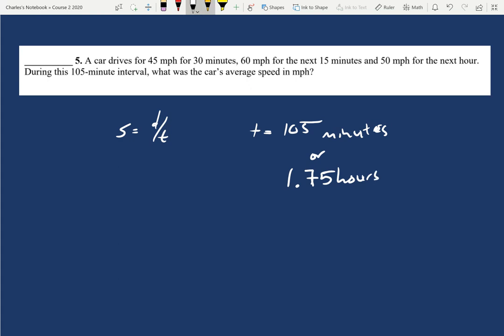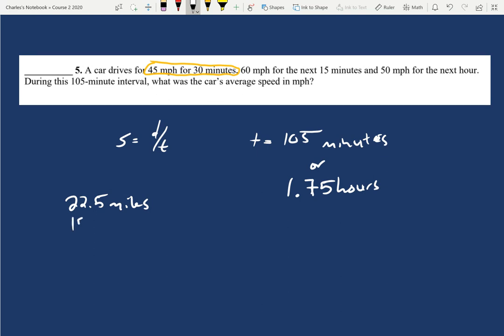So if I travel 45 miles per hour for 30 minutes, that means I'm going for half an hour, which means if I was going to go 45 miles in an hour, I'm going to go 22.5 miles in the half an hour. I travel 60 miles per hour for the next 15 minutes, which is nice because that means I'm traveling 1 mile per minute. So that means I'm going 15 miles.